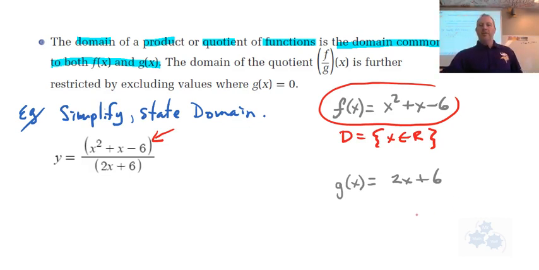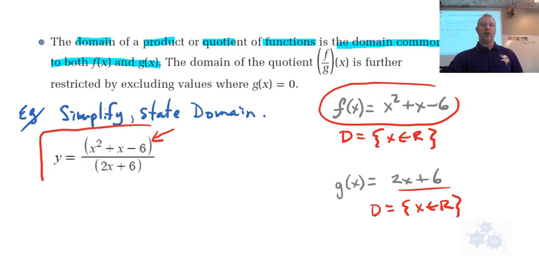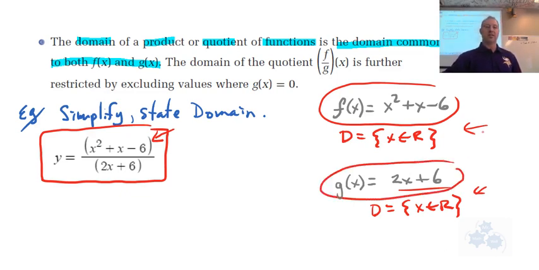And that's all you need to put there for domain. Now, the domain of this function as well is all real numbers. But what do we know about this function as a whole? So the domain right now is we're okay with every single value if we look at the functions individually, and that's always where you start.